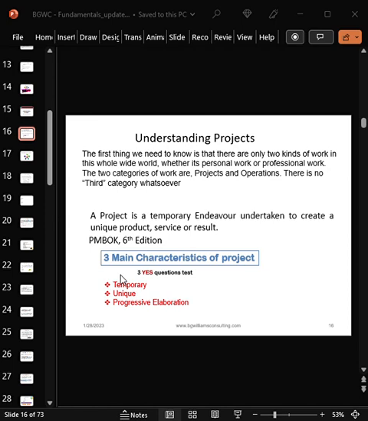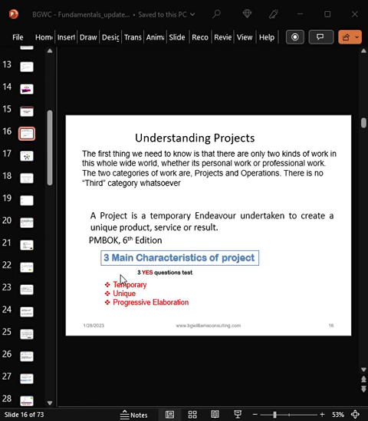Every day as you work on the project, there is always room to improve. Every day you keep building on what you did yesterday. So that becomes what is referred to as progressive elaboration. Okay, so take note. These are the three characteristics of a project.